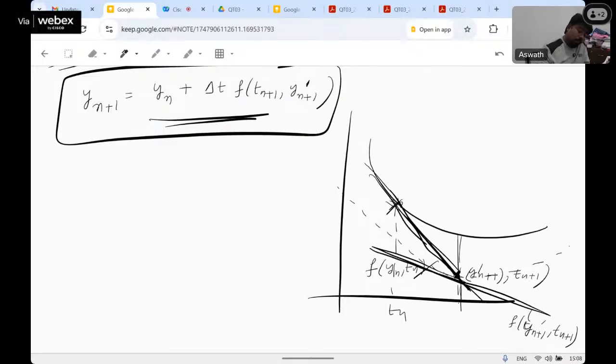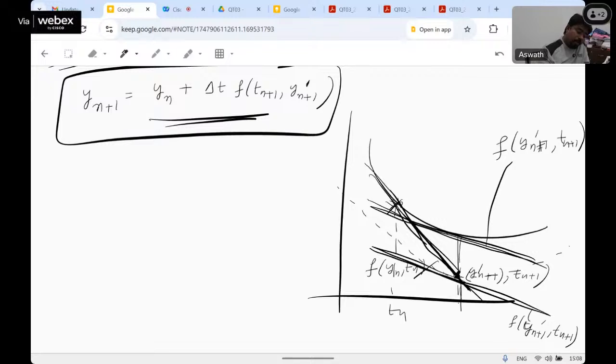Now when you move the curve back, the slope is not going to change. The direction remains the same. So this is f of y n plus 1 comma t n plus 1.